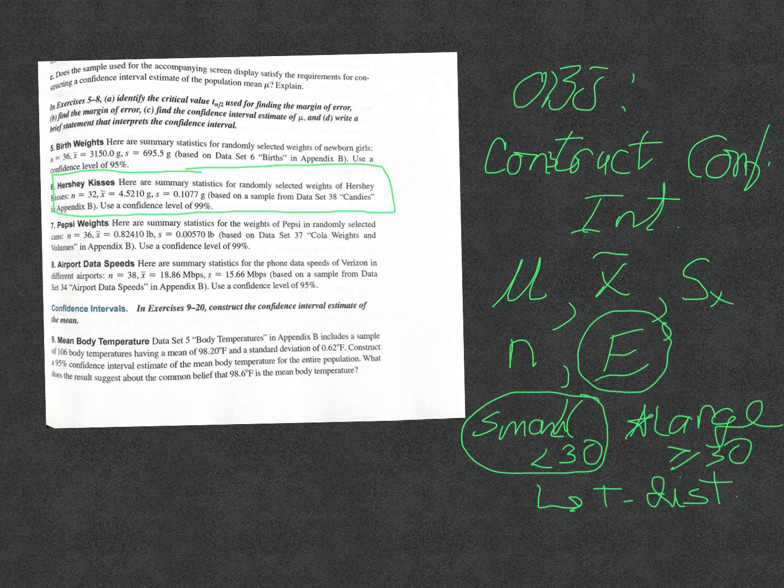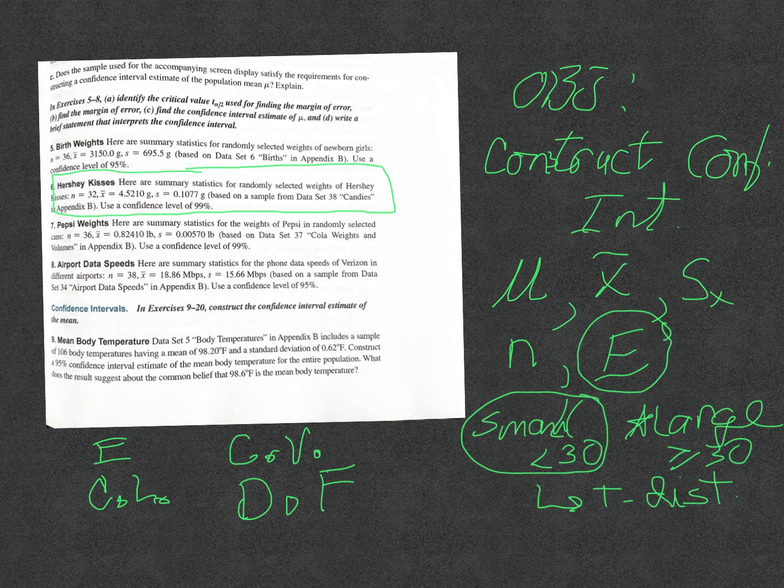Some other things that we're going to pay attention to: we're going to find the margin of error. We're going to talk about what's called confidence level. We're going to also talk about critical values, which we did in the last video as well. And we're going to need to deal with something called degrees of freedom.